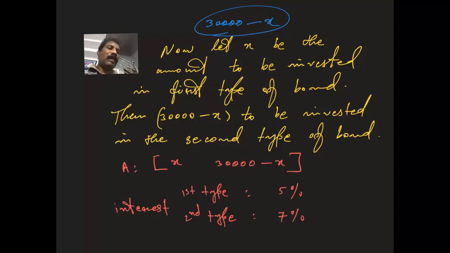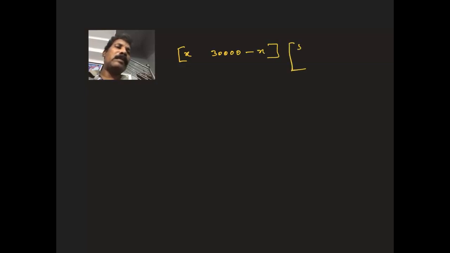So we have two matrices. The first matrix is x, 30,000 minus x, and the second one is 5 by 100, 7 by 100.